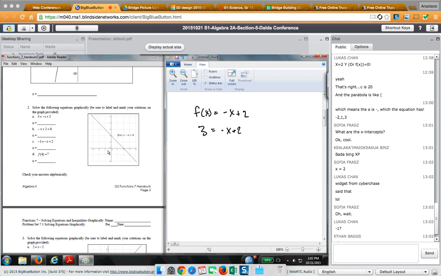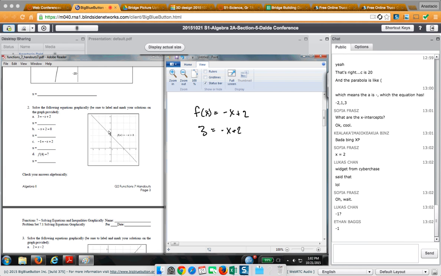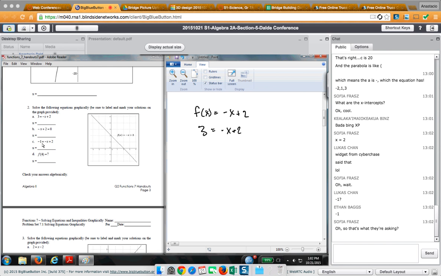Cool. If you look at the graph, it's -1. Boom. Bada bing, bada boom. All right. What x value gives you a y value of -1? Let's try part C. Yeah, that's all they're asking.